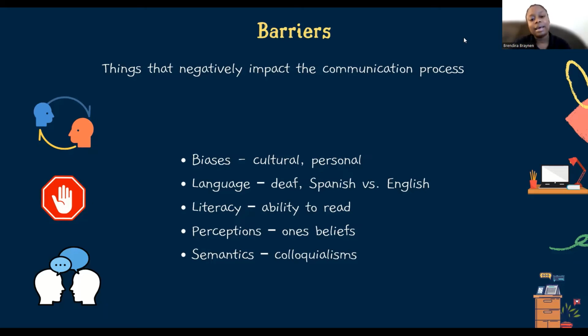And so, like I said, biases affect that message. Language differences affect the message. The person being able to understand what you're saying affects the message. Your own perceptions or that person's perceptions can affect the message. And improper use of semantics and colloquialisms can also affect the person understanding what you're trying to say.